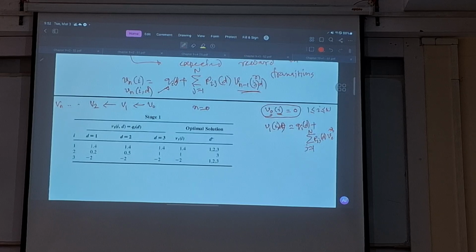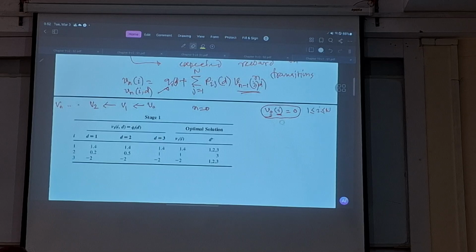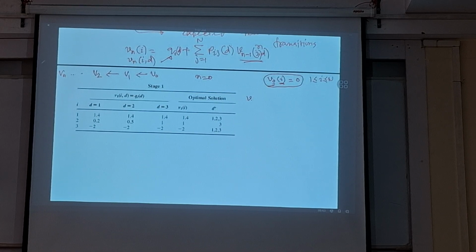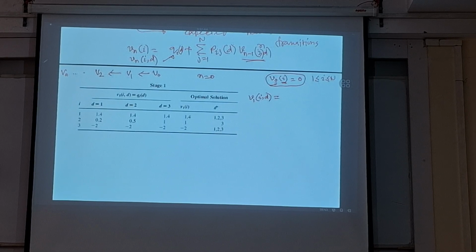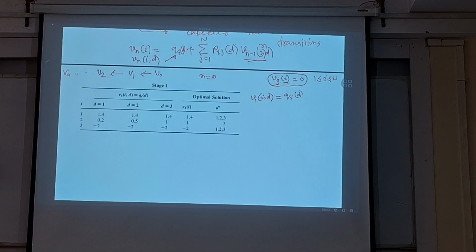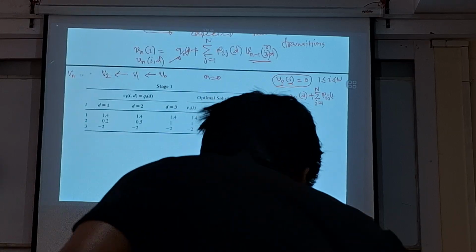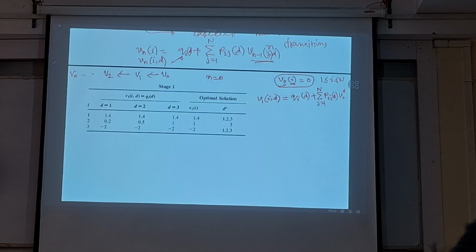We will calculate this one. So this equation, let me write it again in a fresh form. V1 of i will be Qi plus the sum over j equal to 1 to n of P_ij for policy d, then V0. So this is the equation.